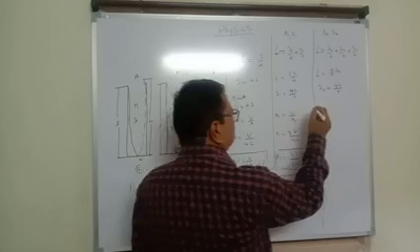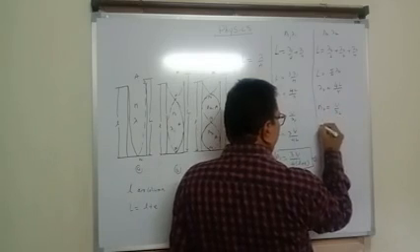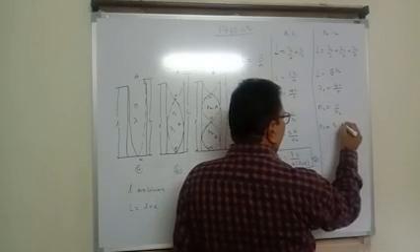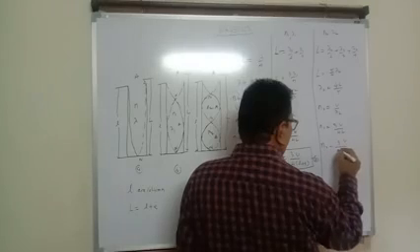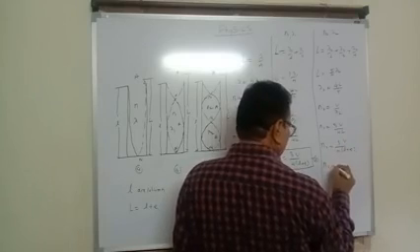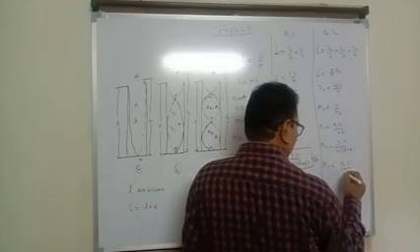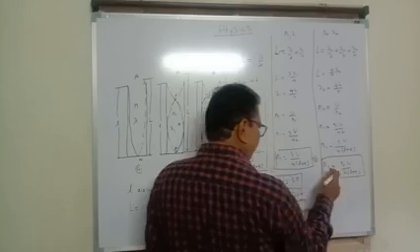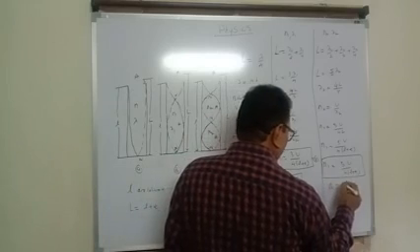Similarly, N2, the frequency of vibration in this case, is V upon lambda 2, or N2 is equal to 5V upon 4L, or N2 is equal to 5V upon 4 small l plus E. We have arrived at the equation 5V upon 4L plus E, or comparing N2 with equation 1, we get N2 is equal to 5N.